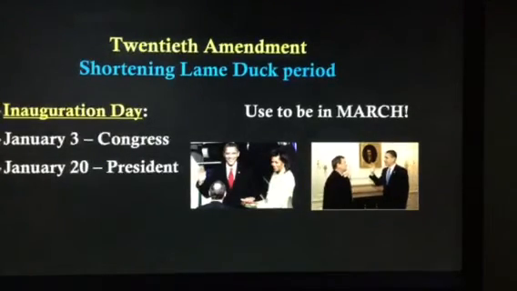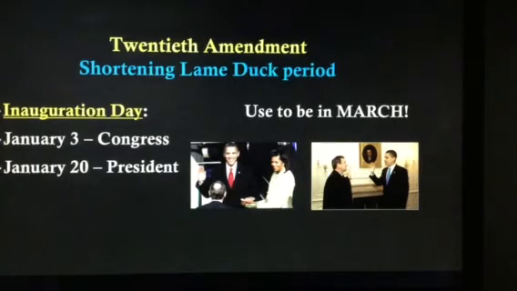And the pictures you see on the screen are President Obama's first inauguration, being sworn in by John Roberts, the Chief Justice of the Supreme Court. Mr. Roberts made a mistake in the oath of office on that day and had to come back to the White House the next day to give the oath again, because it wasn't the precise or exact oath that Chief Justice Roberts gave to President Obama back in 2009, January 20th, Inauguration Day.